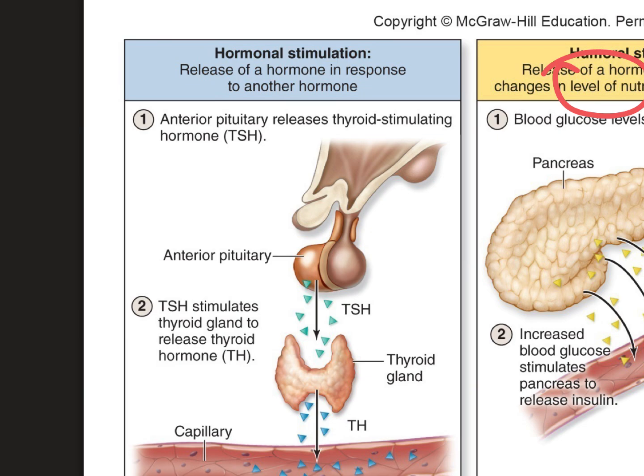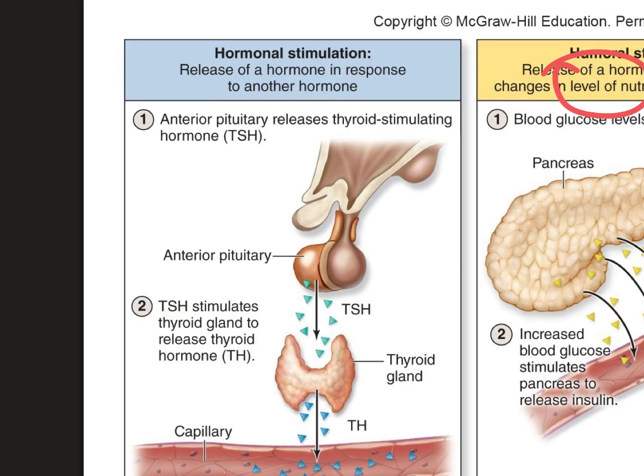That targets the anterior pituitary, where those target cells are. In response, the anterior pituitary releases thyroid stimulating hormone. So one hormone triggers the release of a second hormone. That's hormonal stimulation. Clear? Okay.